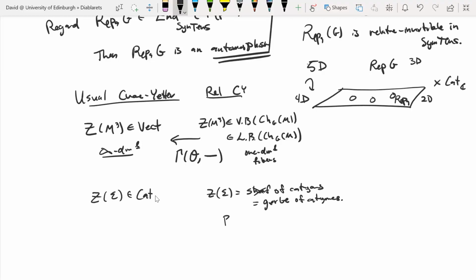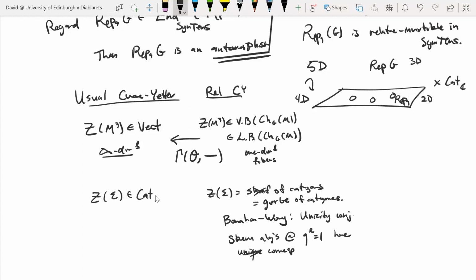And this actually recovers some very well-known work. Bonahon and Wong made this famous conjecture called the unicity conjecture, which basically tells you that skein algebras at q to the l equals 1 have a unique correspondence.